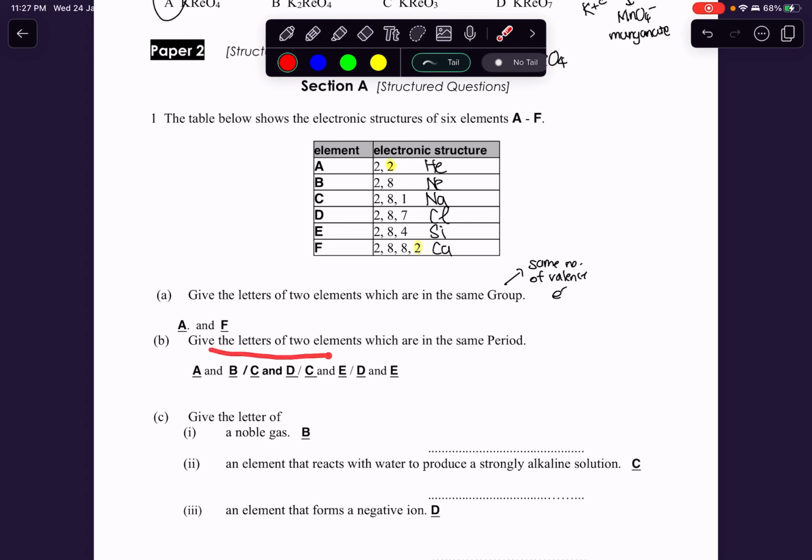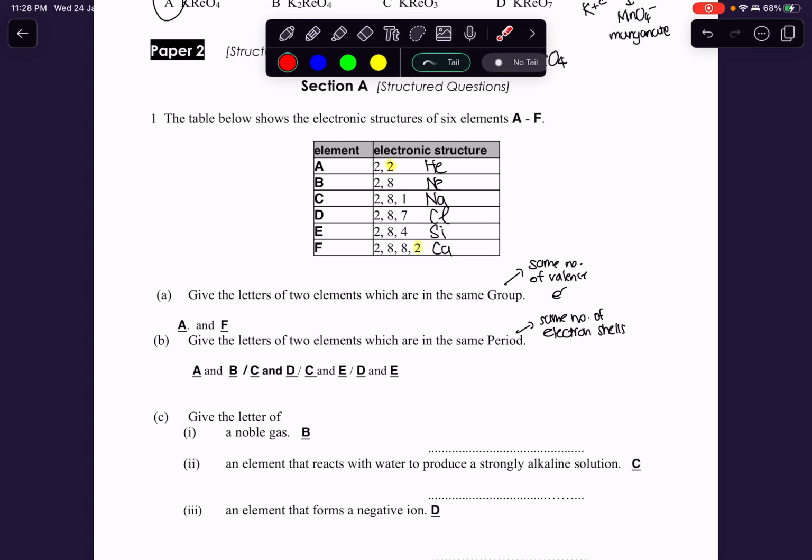Part B, give the letters of 2 elements which are in the same period. Same period means they have the same number of electron shells. You can clearly see the same number of shells.